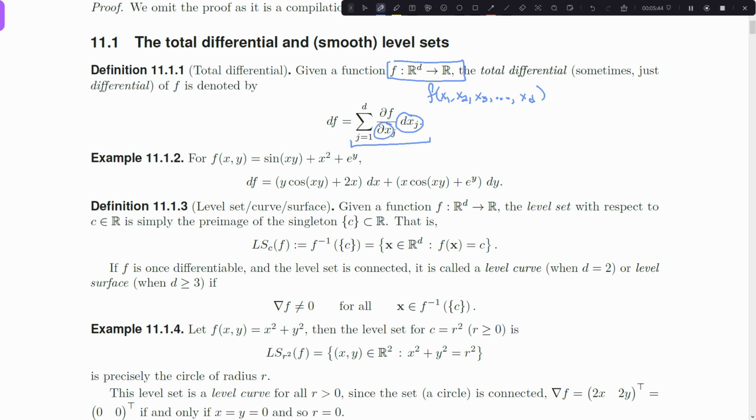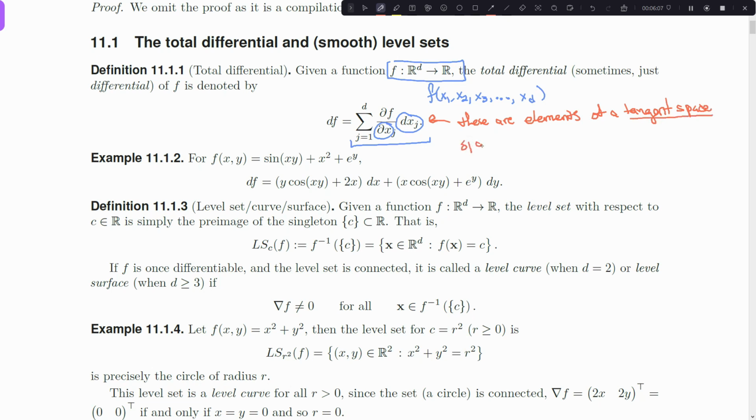The way this actually works, you can make this much more rigorous. These are elements of a tangent space. If you're curious about that terminology, look for our course in differential geometry.